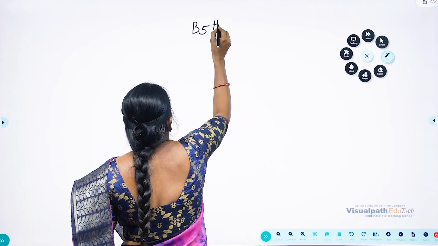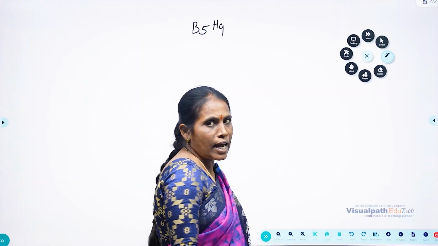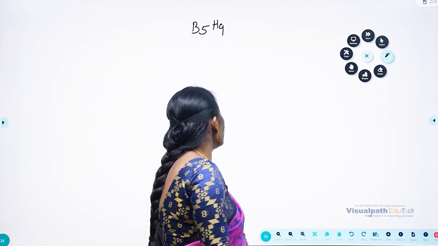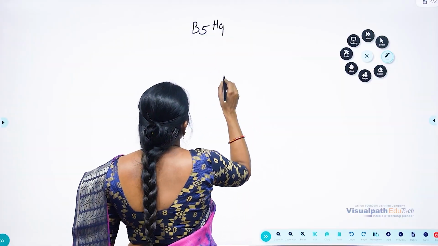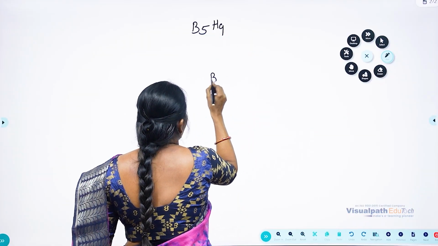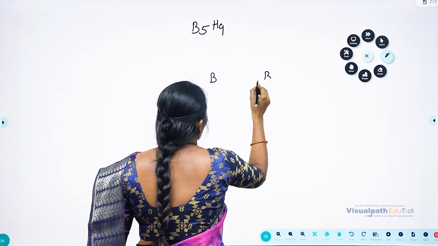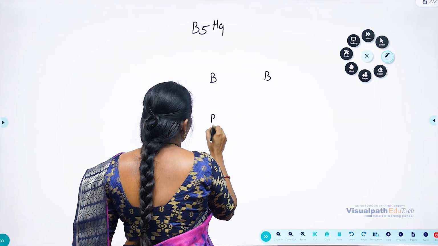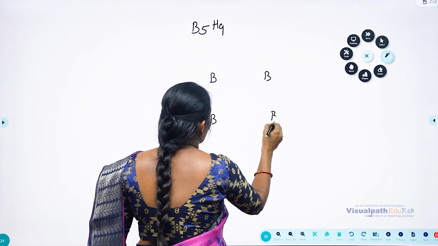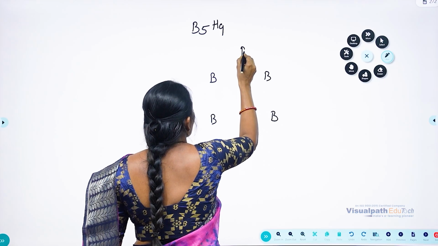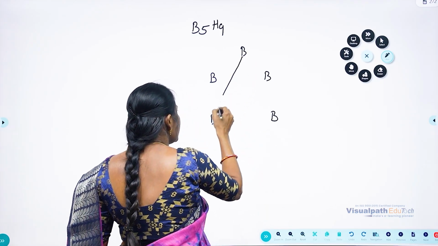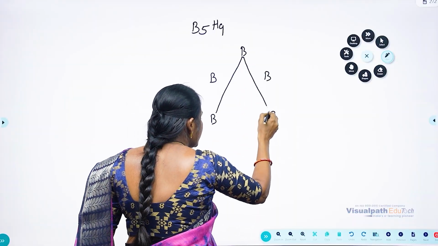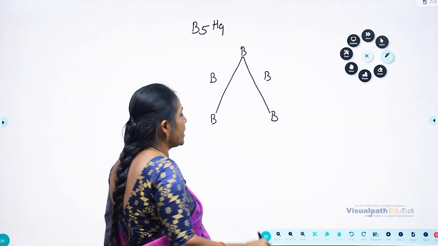B5H9 molecule. It is the pentaborane. Here, how many borons are there? 1, 2, 3, 4, 5. 5 borons are there, in which 3 borons are directly bonded.